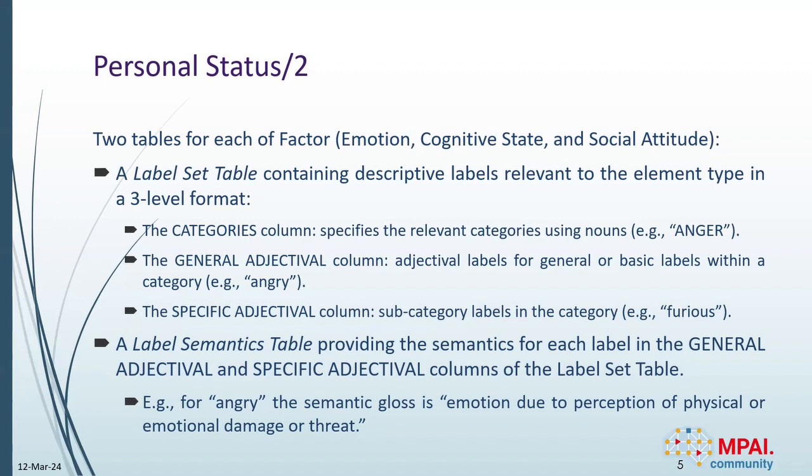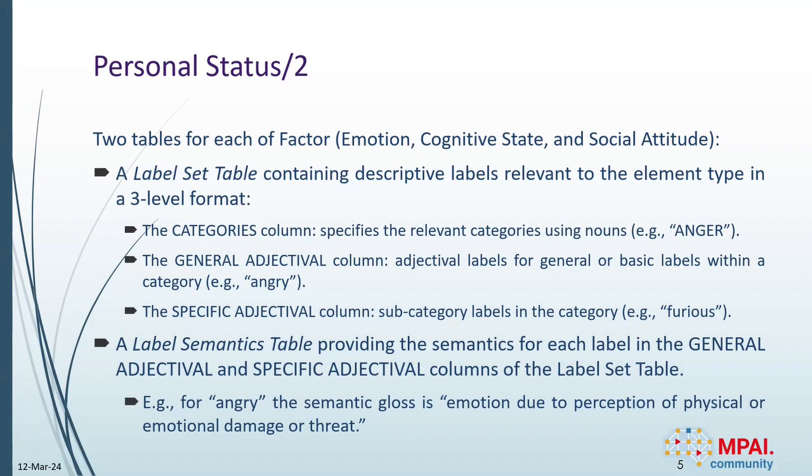When we're talking about emotions, for instance, you'll have a categories column in the table where one of the categories will be anger. Then there will be a general adjectival column, including labels like angry, and then more specific subcases, a special kind of anger called furious, meaning very angry.